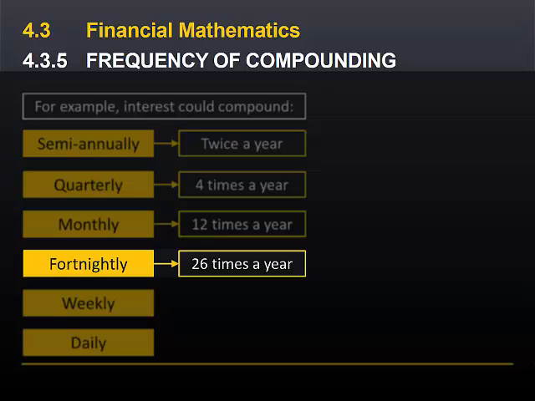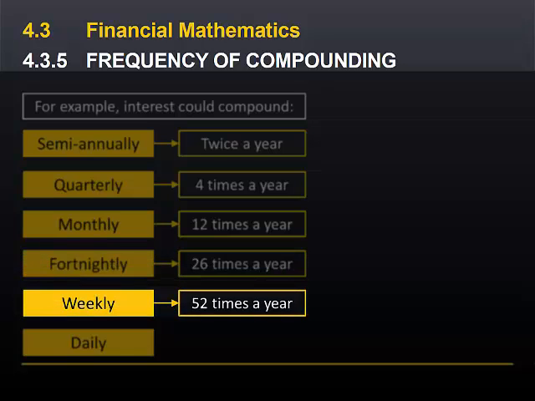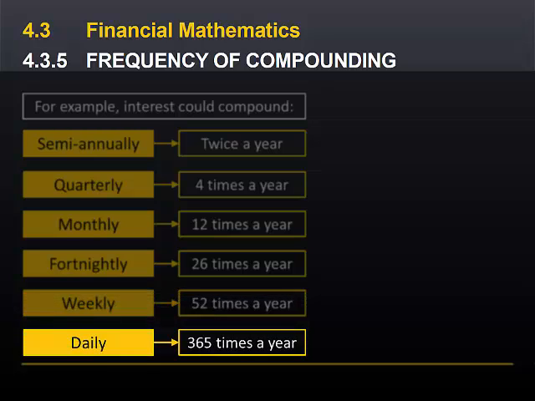A fortnight is 2 weeks, so there's slightly more than 26 fortnights in a year, but that's the number that we use. Similarly, there are slightly more than 52 weeks in a year, but we use the number 52 for weekly compounding. And finally, daily compounding is taken to mean 365 times a year. Leap years are ignored.